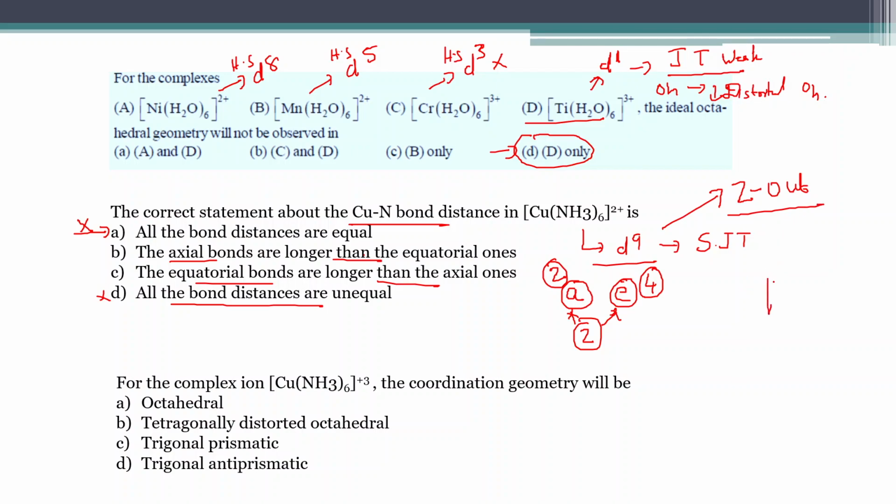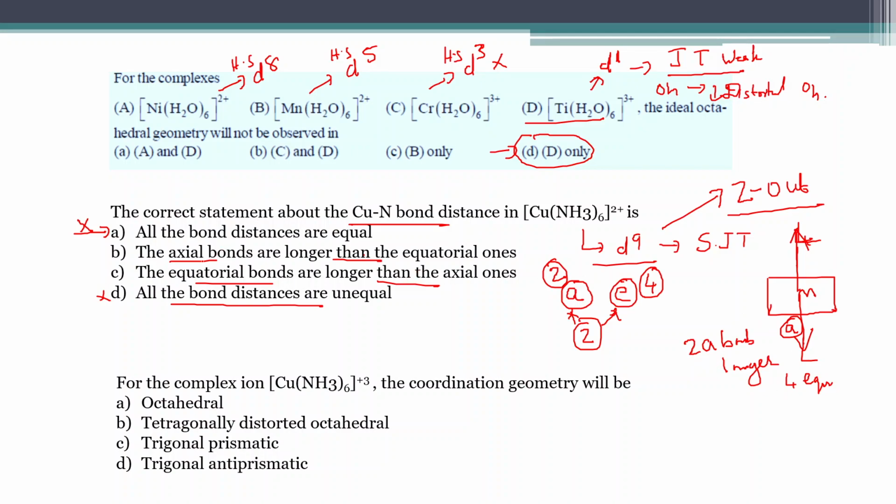In z-out, the two bonds along the z axis, the metal-ligand bond lengths in the z axis, are getting longer, and they are represented as axial bonds. So two axial bonds are longer than the four equatorial bonds. It is also called two long, four short bond distortion.